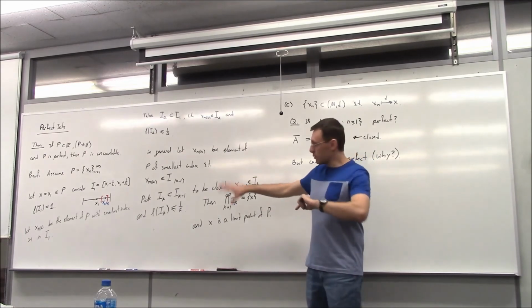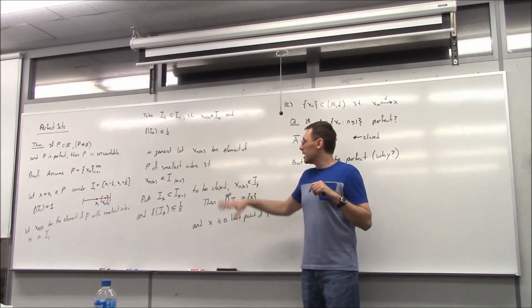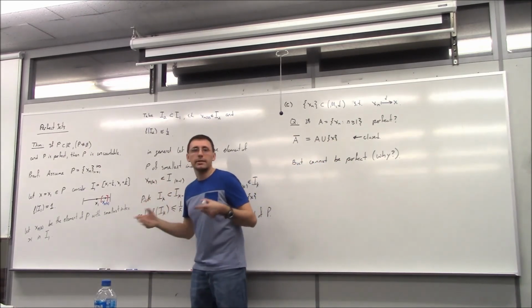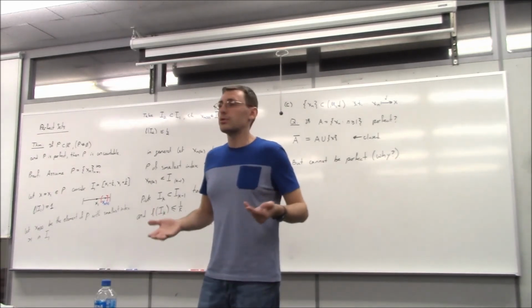So it was a bit sloppy. If you want to, I'll try to explain this again in next class. I just hope you get the idea. It's really a little bit annoying to write. It's a very simple idea. Why it cannot be countable.